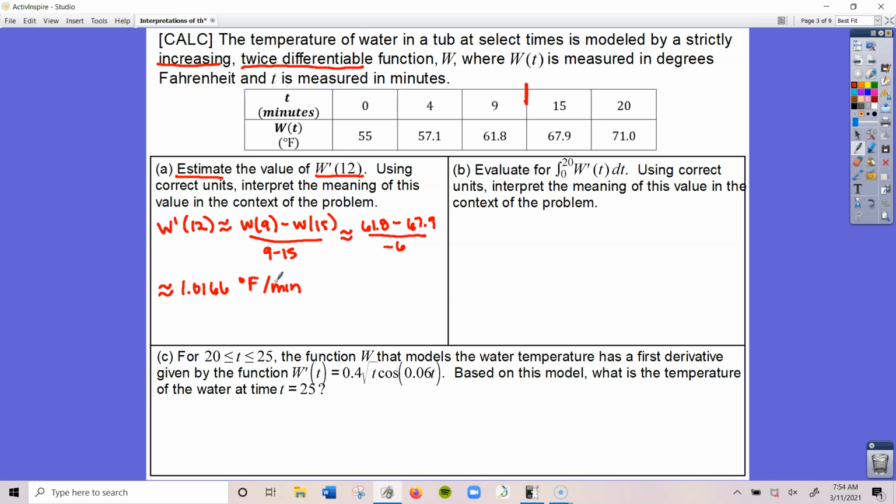When we write the interpretation, especially for derivatives, we want to indicate the behavior of the function based on that derivative.